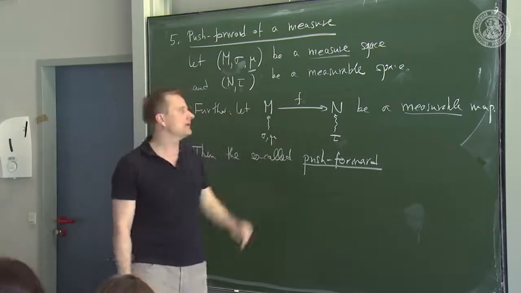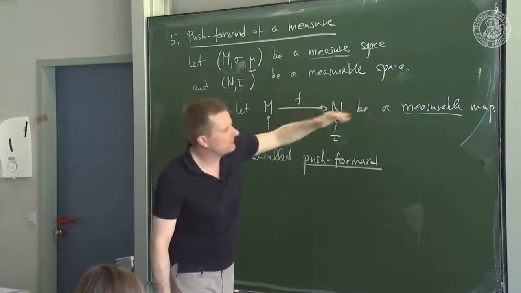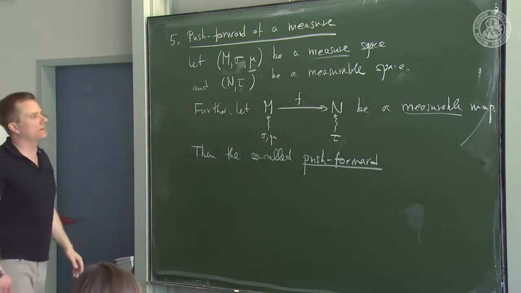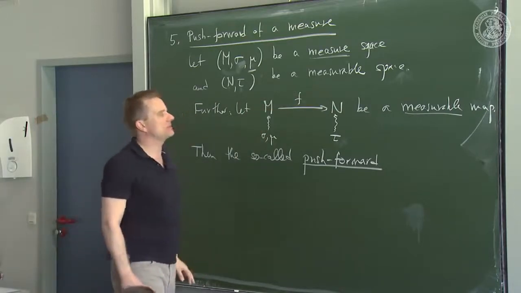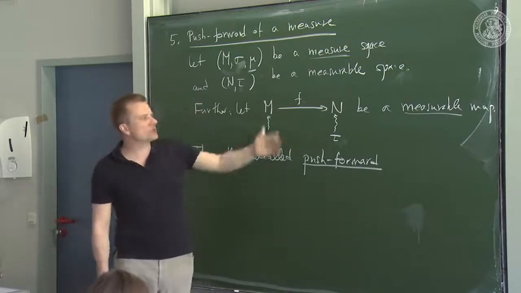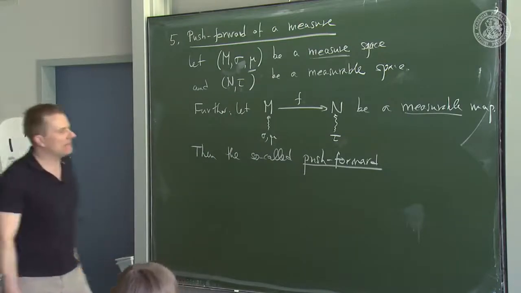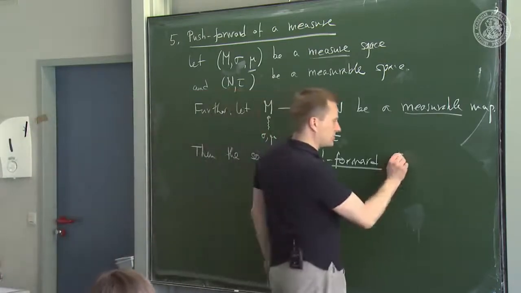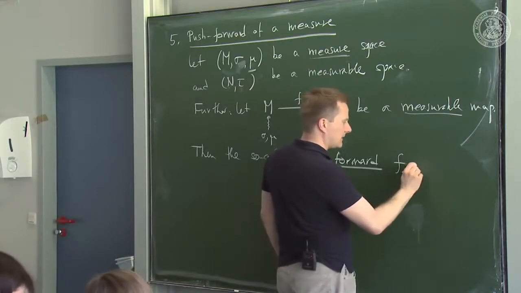Those of you who took my classical mechanics course, you can push forward vectors along smooth maps or differentiable maps and so on. You can pull back covectors, and here measures are pushed forward in this way along measurable maps, and this push forward is called F star μ.